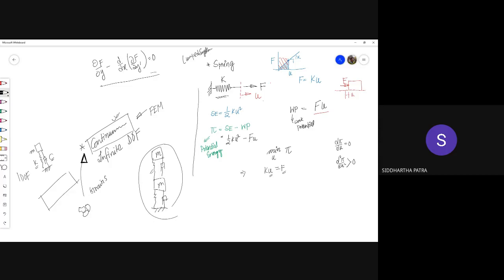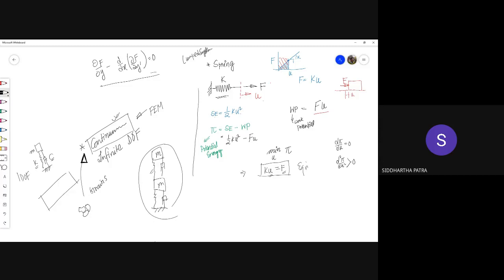So what we'll do now, we'll extend this idea that you can get the governing equilibrium equation. This is not a differential equation, it's an algebraic equation. Like we discussed in the last class, when you have a function, let's say strain energy or work potential, or for that matter potential energy, all of these are functions of u, and when you minimize them, you get an algebraic equation, and from that you get a value for this quantity u.